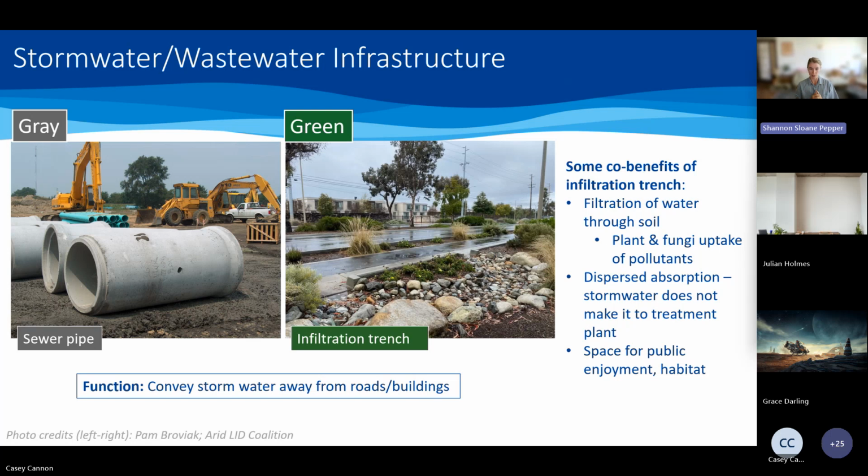This placement allows the plants and fungi in the trench to break down pollutants associated with the adjacent road, like heavy metals and oils that generally accumulate on roadways. And this is a feature the community can enjoy walking along. There are plants cooling the air, improving air quality, and capturing carbon and other airborne particles. Next slide.